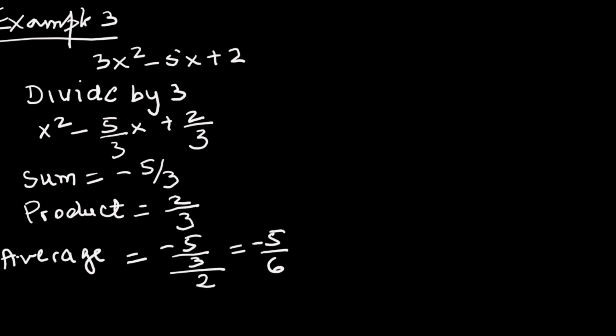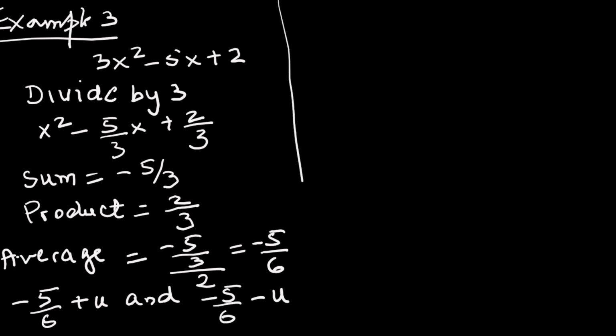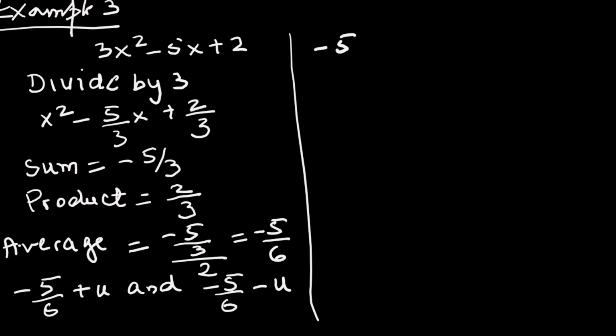The average of the two numbers is negative 5/6. The two numbers are symmetric around negative 5/6: negative 5/6 plus u and negative 5/6 minus u. Their product is negative 5/6 plus u times negative 5/6 minus u equals 2/3.